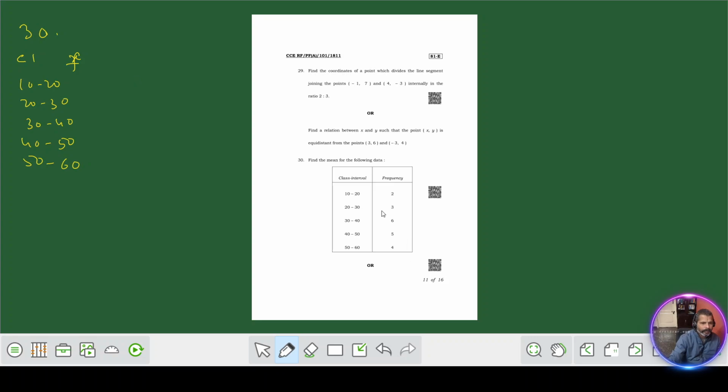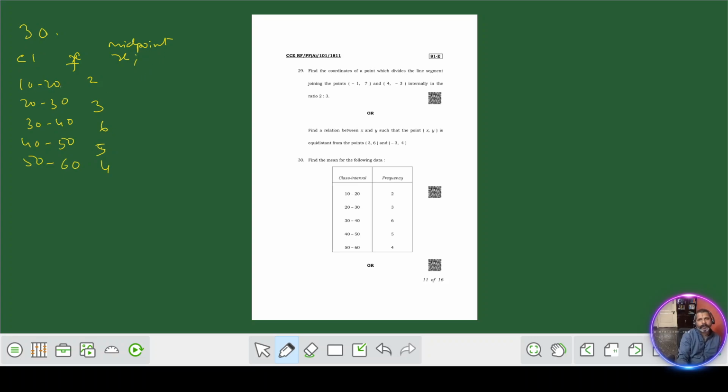F is the frequency; the column they have given as frequency in full word, we can write F also. We have to find the midpoint, that is Xi, the midpoint of the Ci.